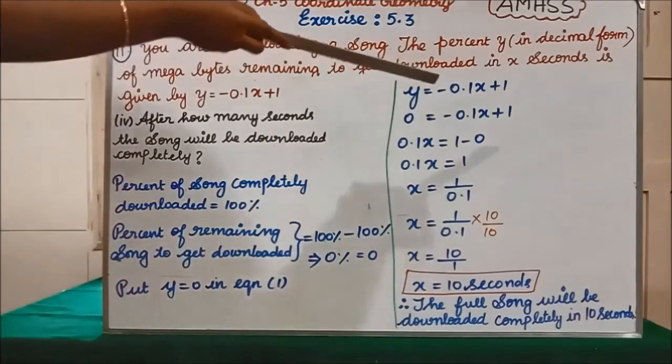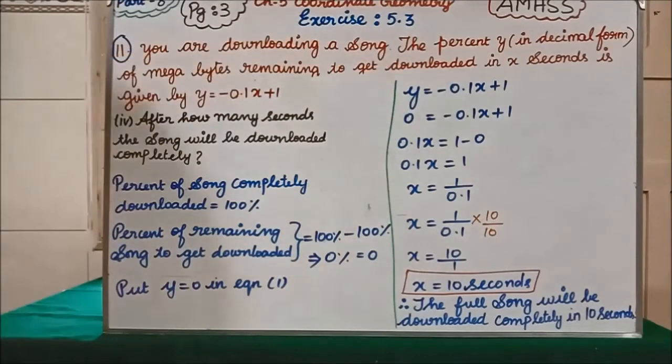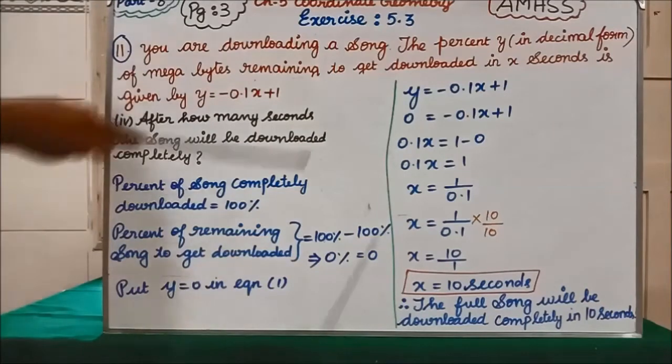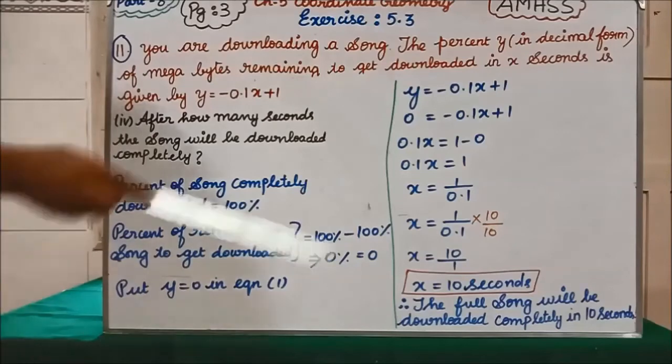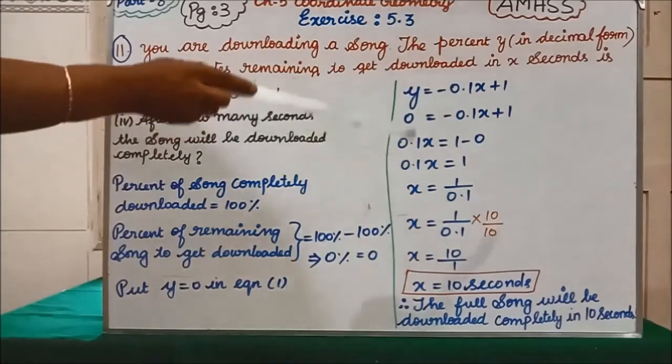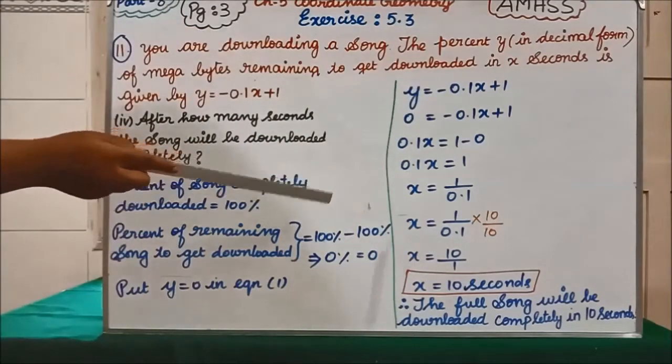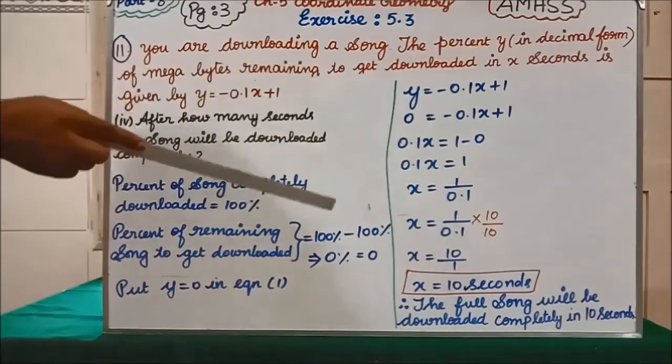This x term, if it comes to this side, will become positive: 0.1x is equal to, if this 0 goes to that side, it will become minus. So 0.1x is equal to 1. x is equal to 1 divided by 0.1.